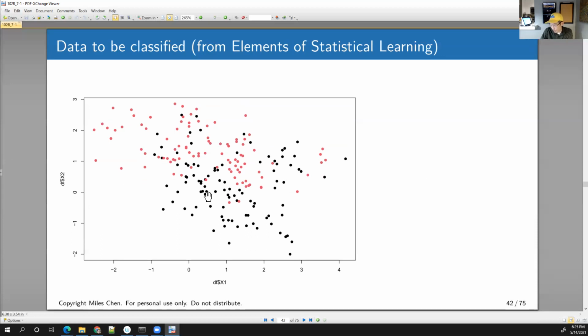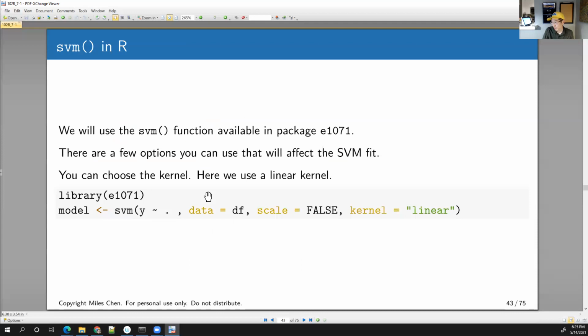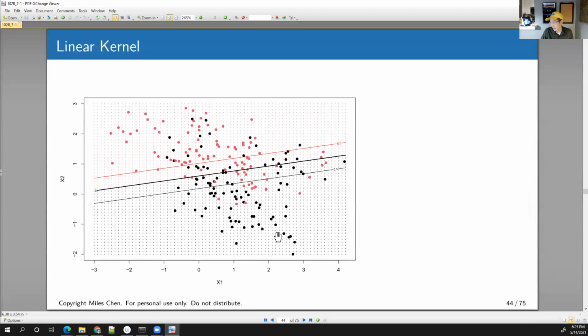Okay, so we can't separate these linearly. If I tried, this is what it'll look like. We have to use some kind of soft margin to allow for misclassifications. And then we just say, okay, this side is going to be red and this side is going to be blue. Here I've arbitrarily chosen these boundaries of 0.5.